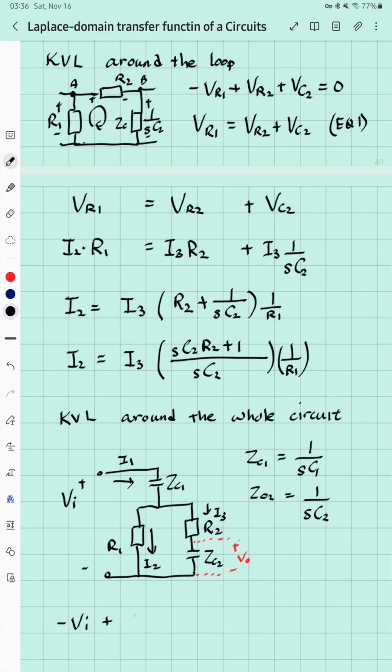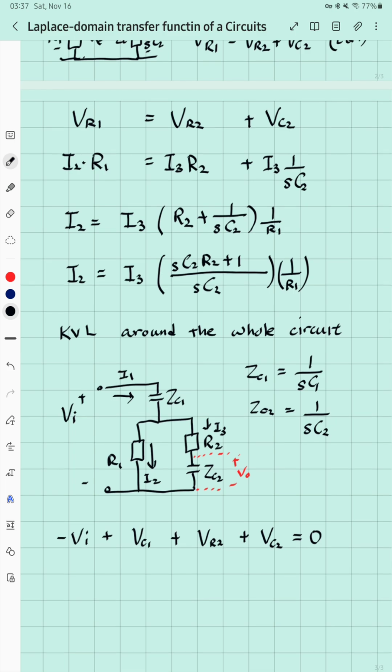So we need the voltage across C1, then you add the voltage across R1, which is the same as R2, plus the voltage across C2, and that whole loop should be 0. That's the KVL around this whole thing.